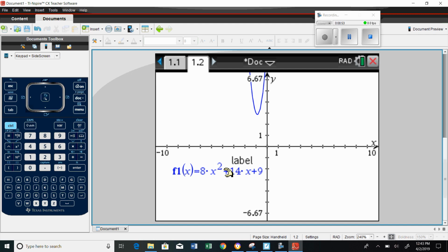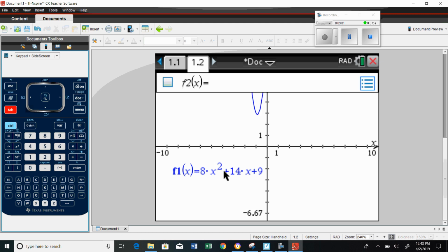If you have a graph that crosses through at one place, let's do an example of that.